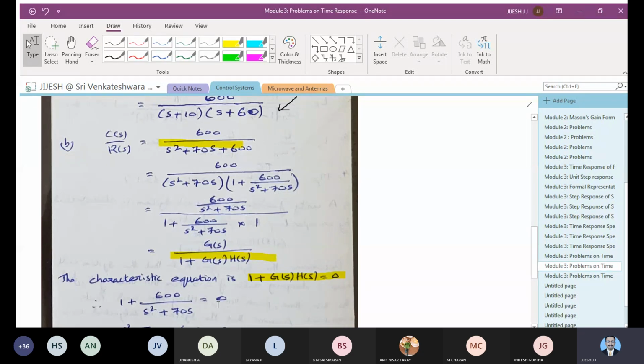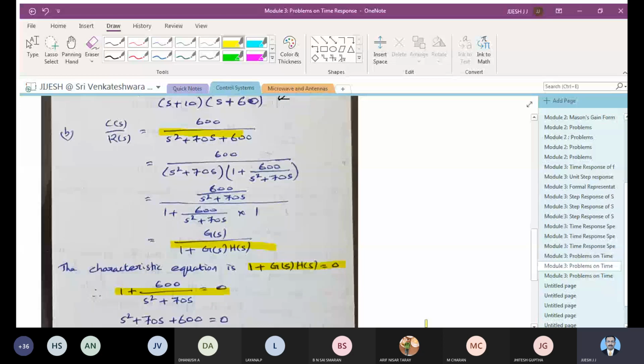So substitute G of s in the equation. So you'll get 1 plus 600 divided by s square plus 70s is equal to 0. H of s is 1. Simplify it. You'll get s square plus 70s plus 600 is equal to 0. So why we have done this process is just to make sure that you understand what G of s is.